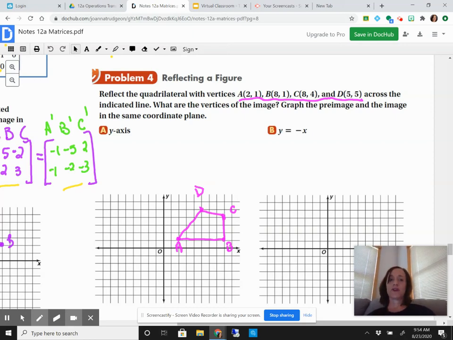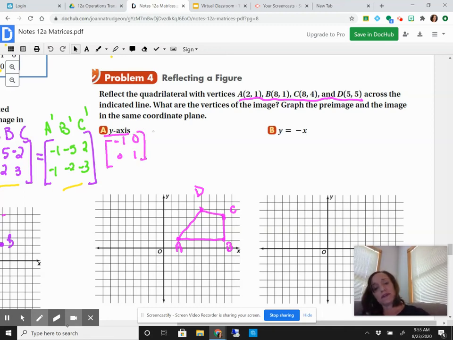And it says the first one is reflecting about the y-axis. So again, you are going to put your matrix here for the reflection, and for the y-axis, if you look at the little table above, that's -1, 0, 0, 1 times this quadrilateral, A, B, C, D. It's going to be 2, 1, 8, 1, 8, 4, and 5, 5.